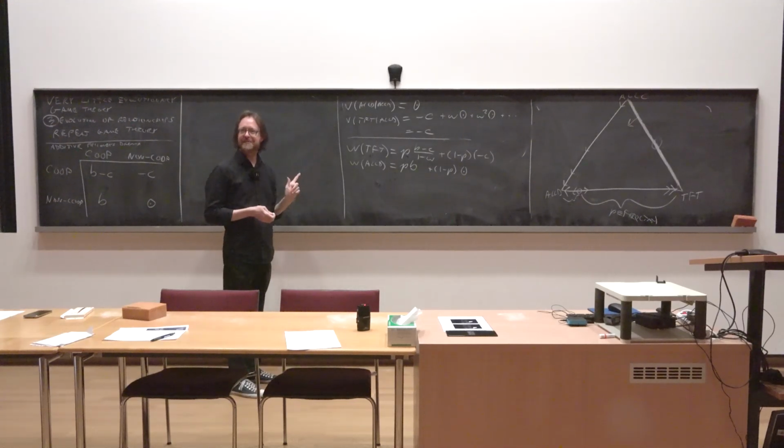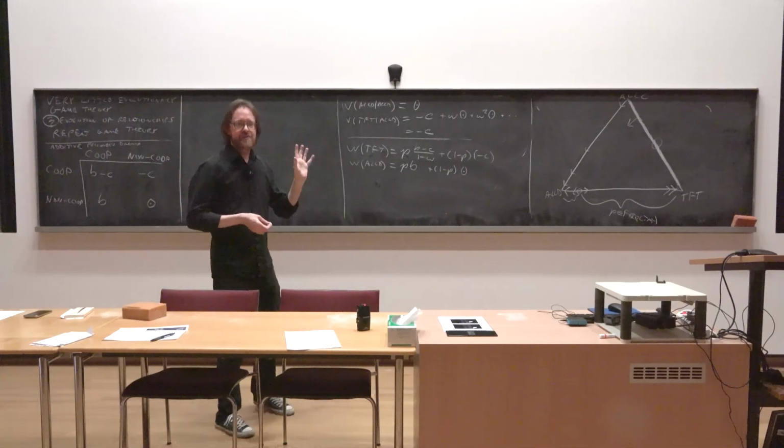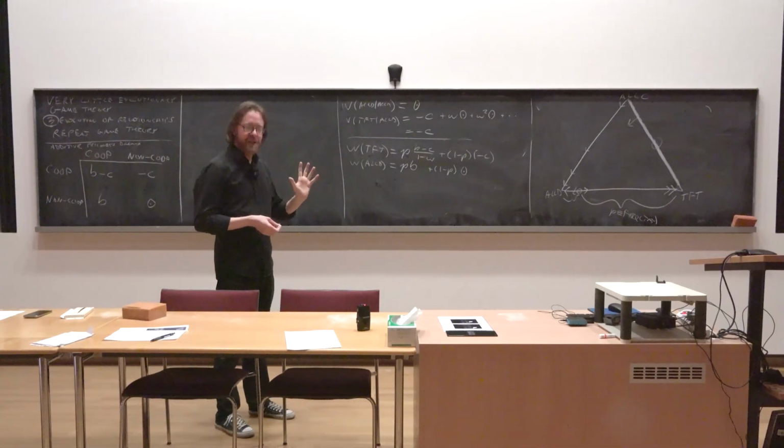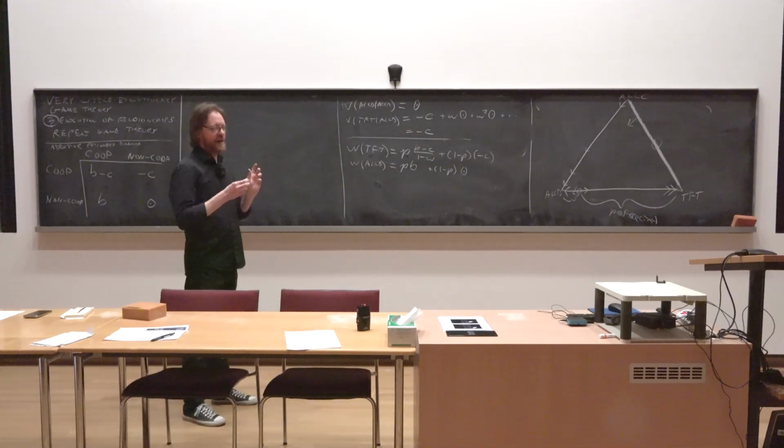But I'm going to do something else now for the remainder of our time. I want to talk about mistakes, because as soon as you start modeling repeat interaction, it is essential that you add mistakes to the model. Otherwise, the model is often uninformative.